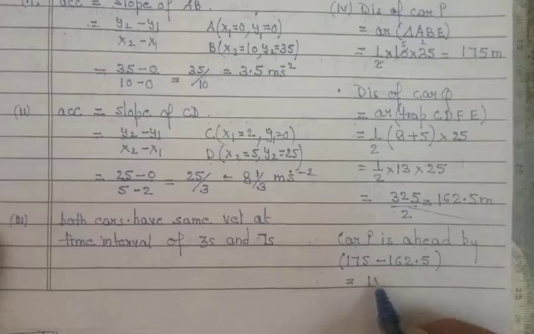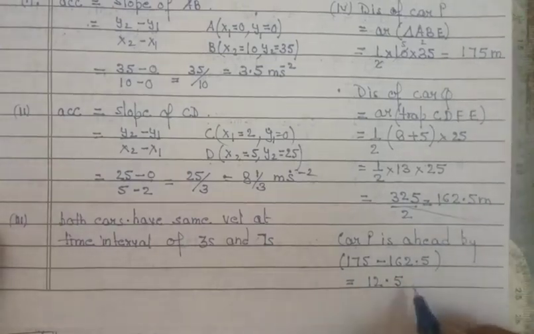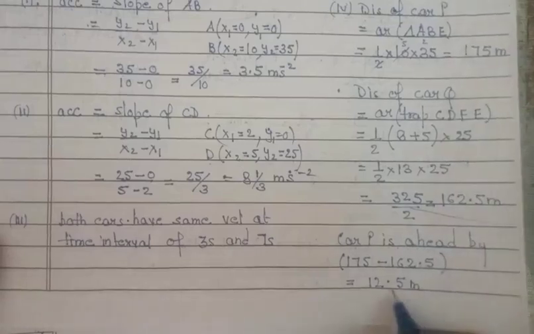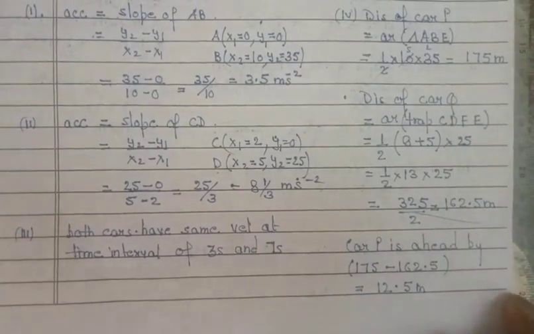So you will be getting it as 12.5. So car P is ahead, and by how much? By 12.5 meter. This is clear to you now?